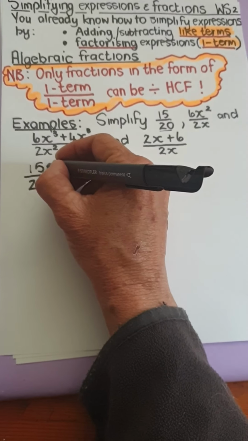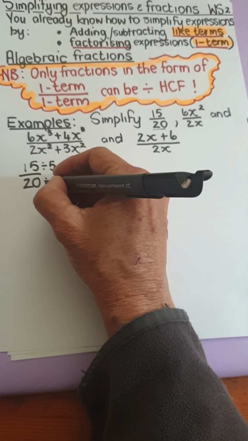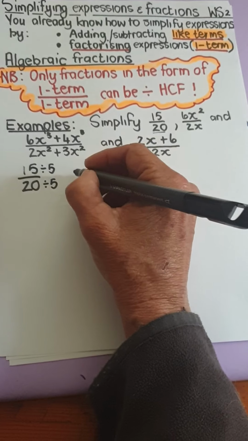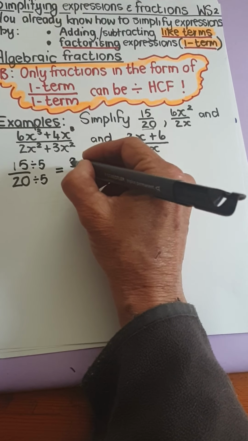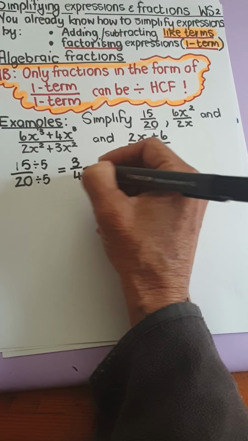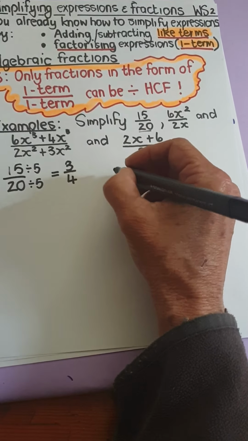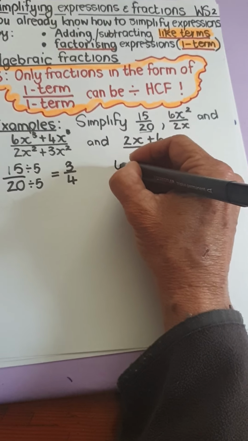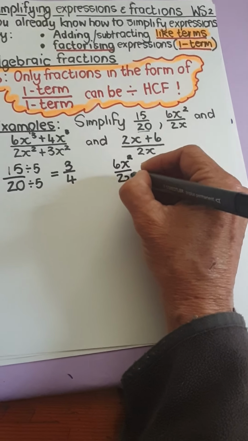So I simplify fractions by dividing both the numerator and the denominator by 5, the highest common factor, and I get the simplified fraction 3/4.